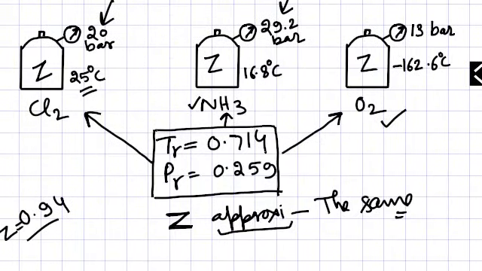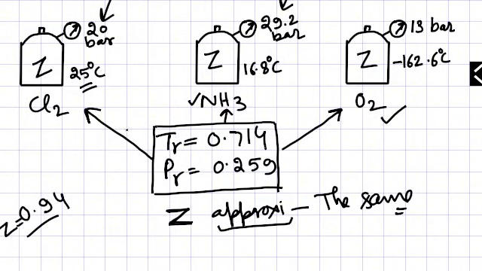Corresponding means there is something that links them. This data is linking them, making correspondence among these gases, and because of this there is similarity of some parameter. For example, here there is similarity of compressibility factor.